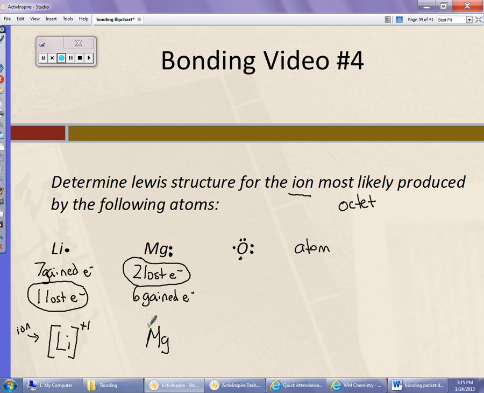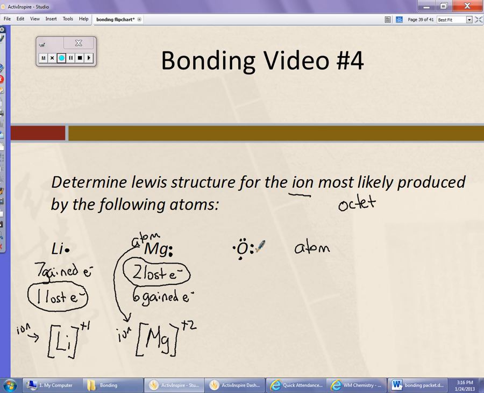We don't write them down. Brackets to show it's an ion, and plus 2 for his charge. Now if you notice, the plus 2 and the plus 1 charges are the same thing we had last semester when we talked about the nomenclature. So we've gone from what the atom looks like down to what the ion looks like.